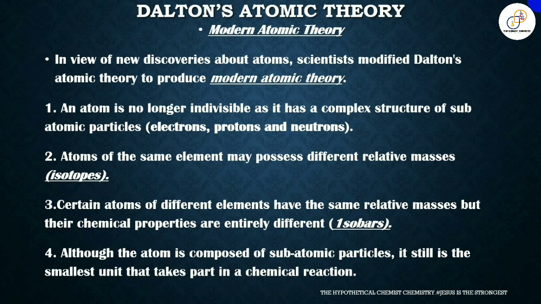Fourth point, although the atom is composed of subatomic particles, it is still the smallest unit that takes part in a chemical reaction. So I want you to take note that this theory was used to explain the law of chemical combination of matter, that is John Dalton's atomic theory.